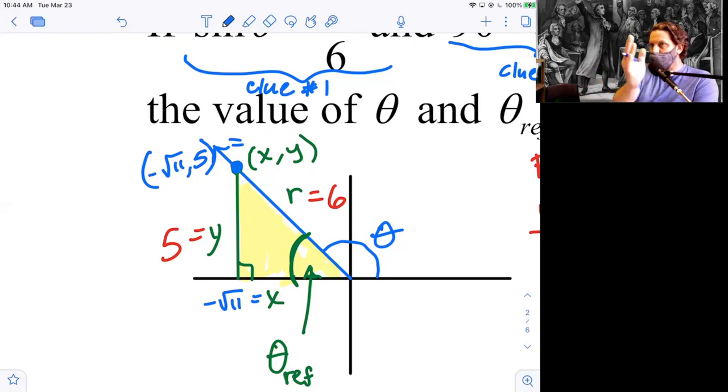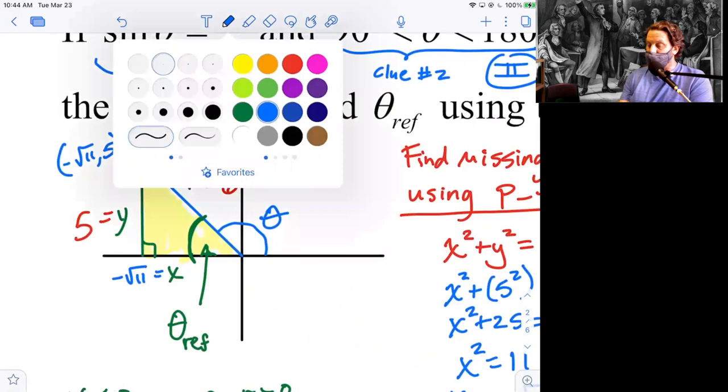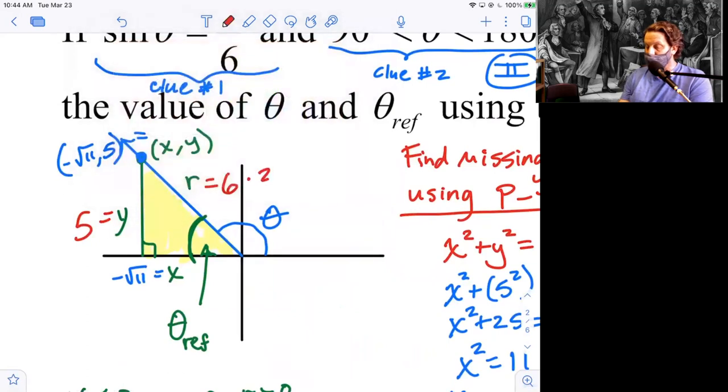And if you move your point further out, the point would change, but it would just increase or decrease by a scale factor, okay? And what would happen to the scale factor when you divided it out? In other words, look at the sine ratio. If I make this triangle twice as big, 6 times 2, 5 times 2, square root of 11 times 2, what happens if I take the sine ratio now? The sine is still going to be the y value, which is 2 times 5, over the hypotenuse, which is 6 times 2.